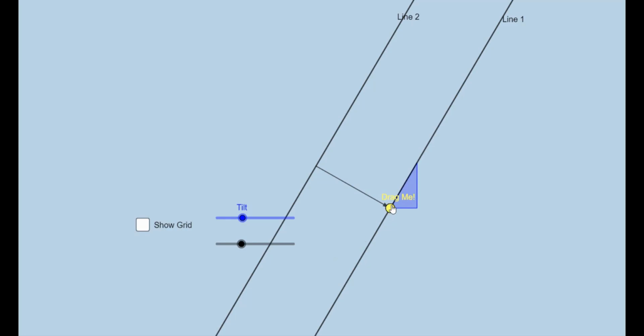Now to see the slope of line 1, we draw this little rise-run-ramp triangle here, and right now the ramp is coinciding with line 1. So the slope of line 1 is the same as the slope of the ramp. Now we drag this and put it here. Notice something? Yes, the slope of line 2 is also the same as the slope of the ramp.